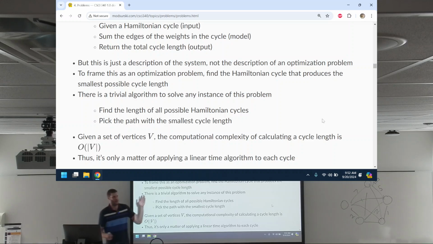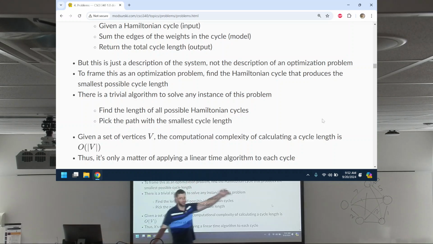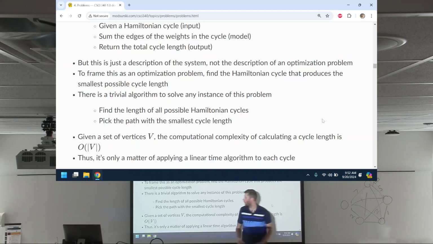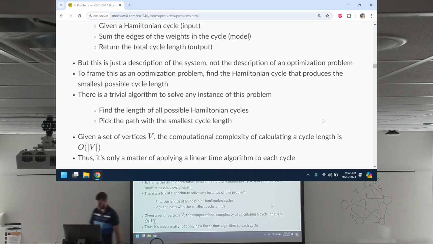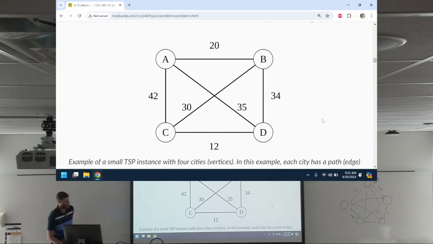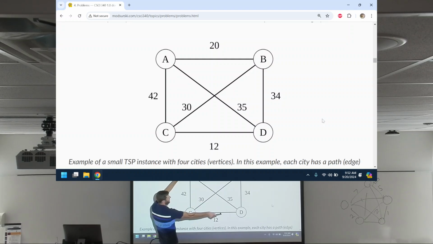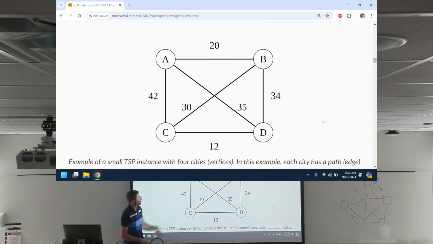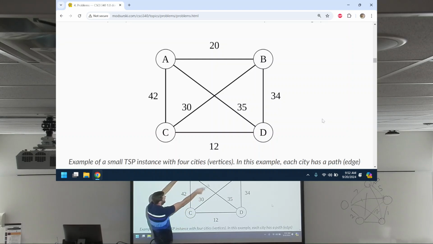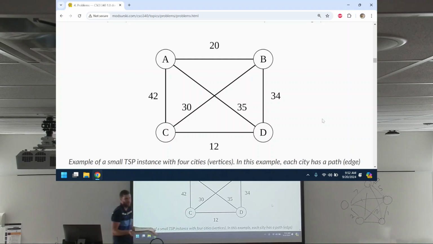Well, okay, I find every possible cycle, right? If we go back to here, I could go A to B to C to D to A, or I could go A to B to D to C to A, or I could go A to C to D to B to A, or A to C to B to D to A. I got a bunch of different possible routes.